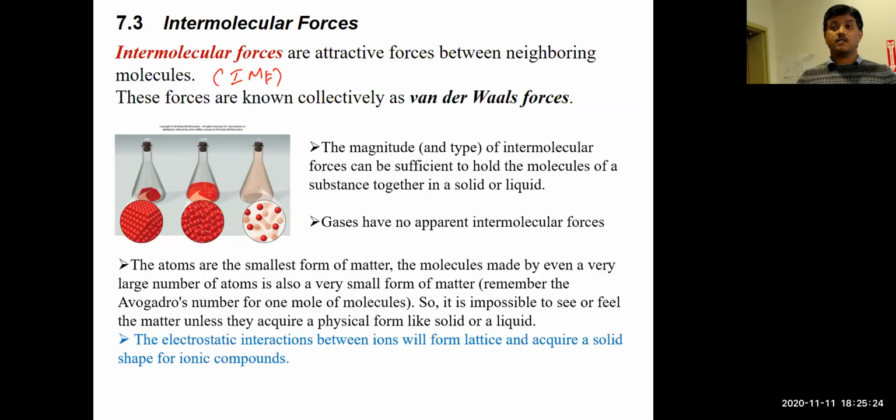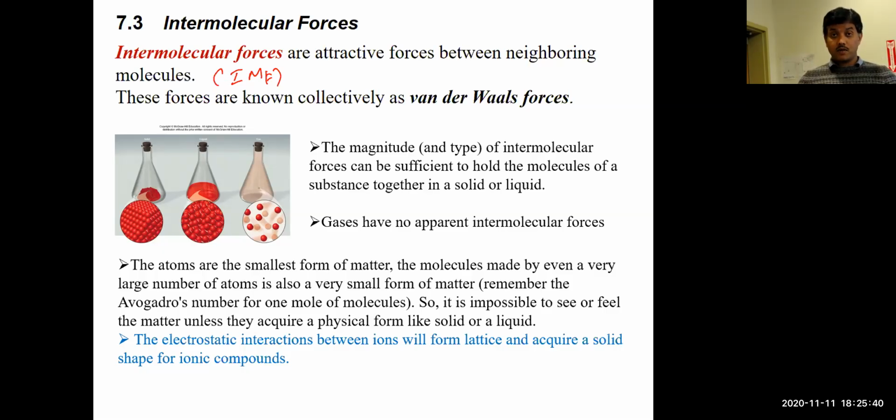One type of interaction that you learned in the previous chapter is ion-ion interactions, in other words, electrostatic interactions between ions. Ions are positively charged and negatively charged.